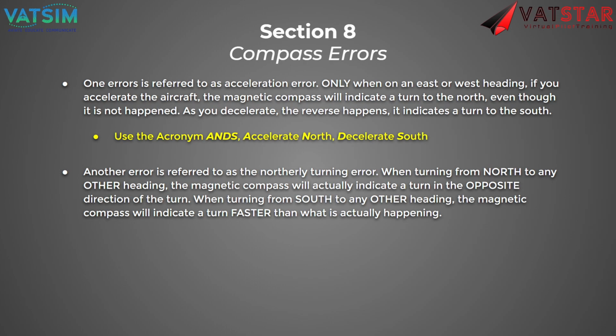So if it's a 20 degree error and you're turning from 180 to 270, you should actually shoot for 290 degrees on the magnetic compass. And when you stop there, over time, it'll actually drift back to 270 and show you're on a correct heading of 270 degrees. So that's a way that you can correct for that compass error.